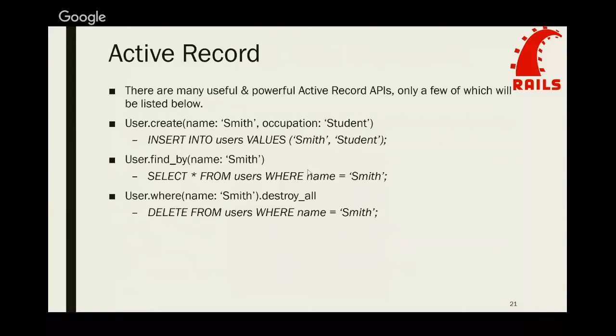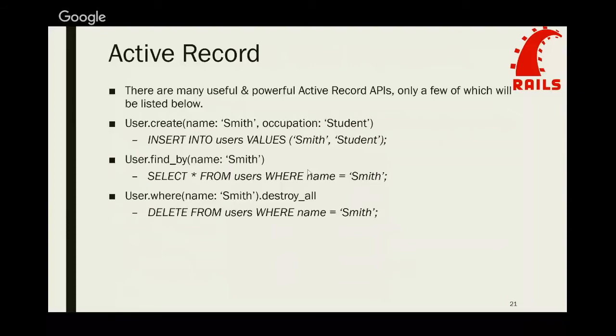So select star from users where name equals something. It's just like, instead of user.all, you want to find by some criteria or some predicate or some conditions. You can just write user.find_by something. And user.find_by can actually be translated into user.all.where something.